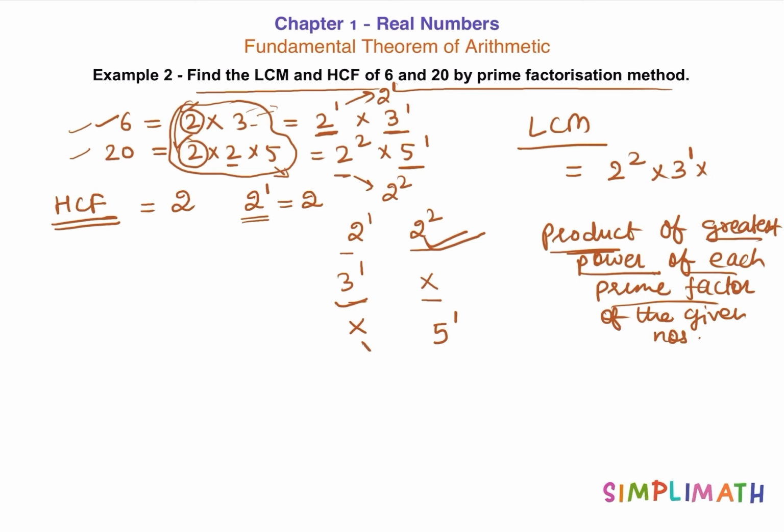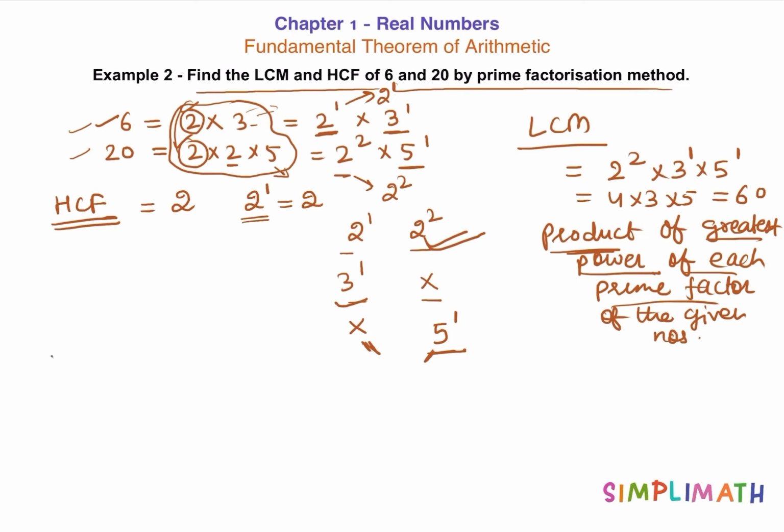So if we consider these two, then the greatest power of the prime number 5 is 5 to the power 1. This means 2 to the power 2, which is 4, into 3 into 5 equals 60.